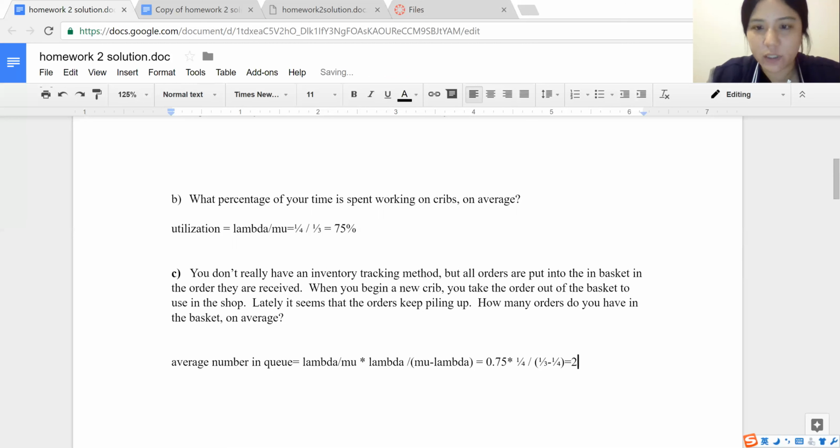After calculation, we got this equal to 2.25. So it's 2.25 cribs on average. We have 2.25 orders in the basket.